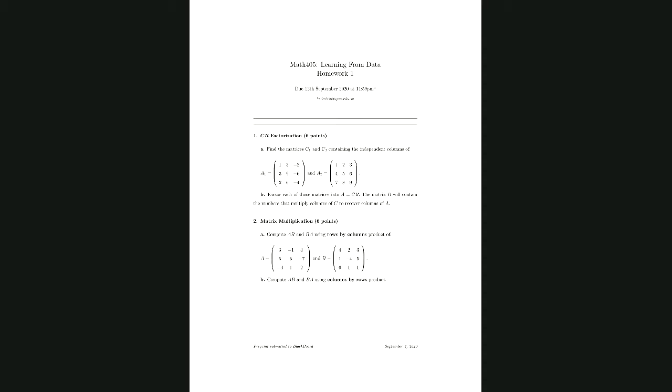The first question is about CR factorization. I'm giving you two matrices. I'm asking you to find the matrices C1 and C2 containing the independent columns of A1 and A2, and to factor these matrices using the C matrices you found. Then question 2 will be just asking you to perform the matrix product A times B, using rows by columns, and then columns by rows, as you've seen in the properties.